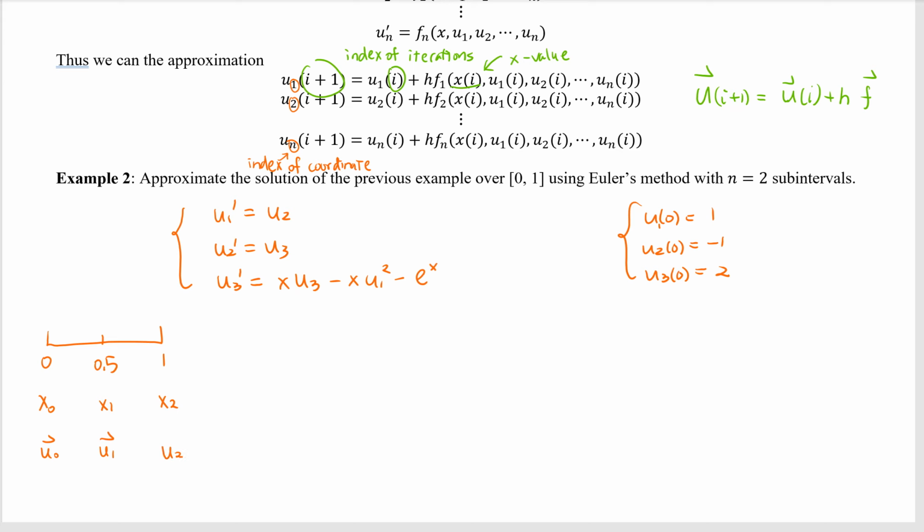And to have the index match, the index should be inside the parentheses. I know this is a little bit confusing. Whenever you write this, it is just the index of the iteration.